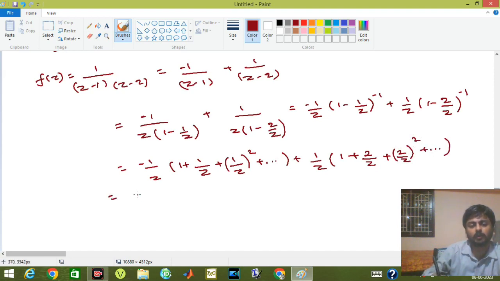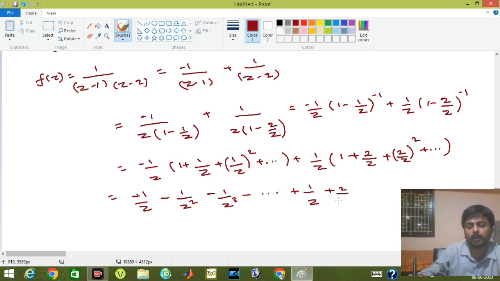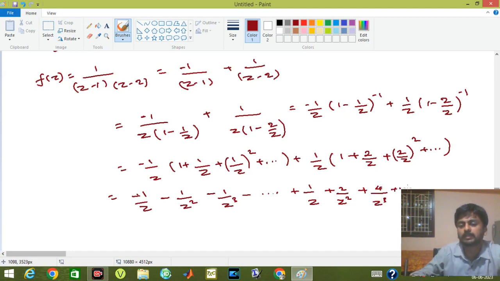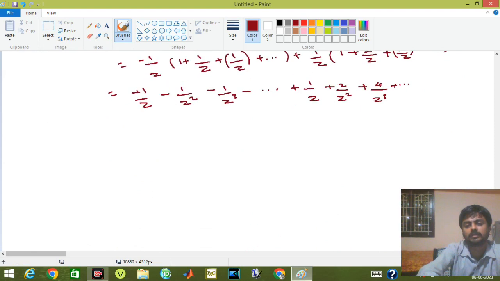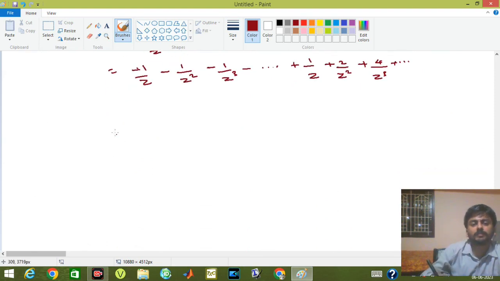So this is equal to, I am multiplying everything by minus 1 by z: minus 1 by z, then minus 1 by z square, then minus 1 by z cube minus etc., plus 1 by z, then plus 2 by z square, then plus 4 by z cube plus etc. So this minus 1 by z and plus 1 by z will get cancelled.